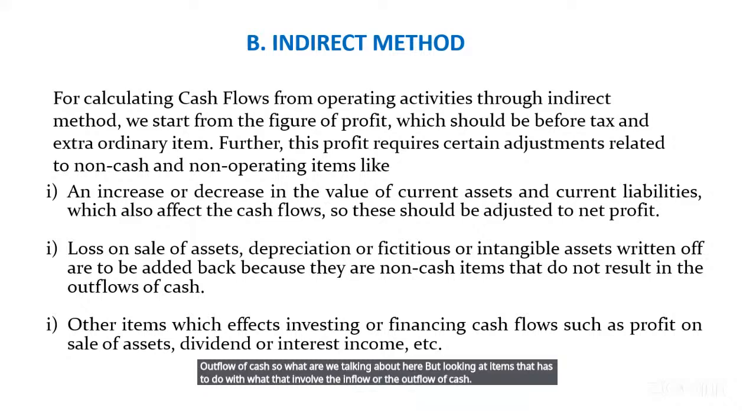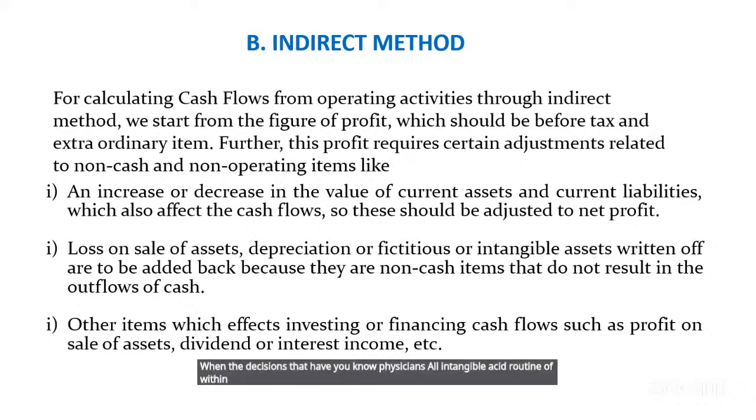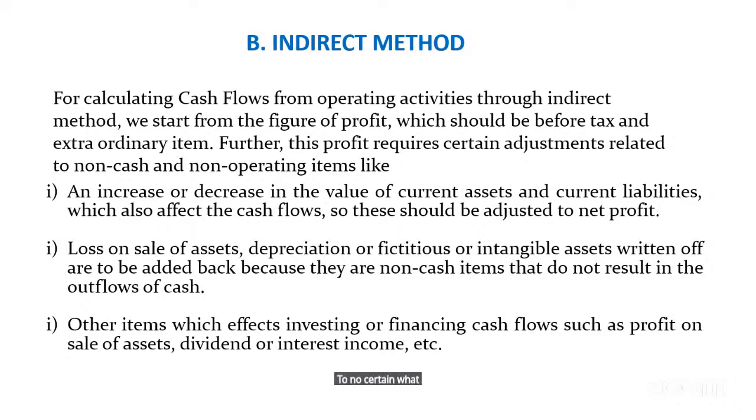So when there's a loss on sale of fixed asset, it's not an outflow. When there's depreciation, it's not an outflow. Fictitious or intangible asset written off within the period are not cash flow. So what do we do? We add them back to the profit to know or ascertain what is the actual profit for that period.